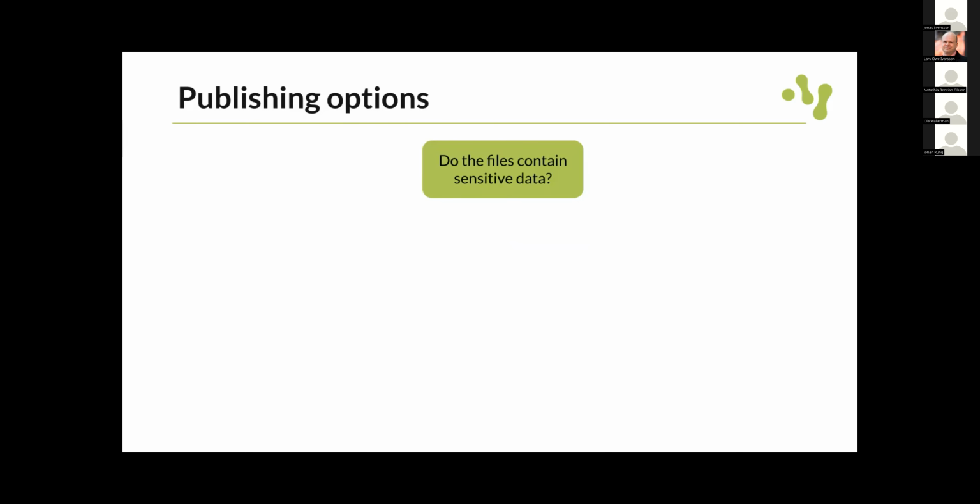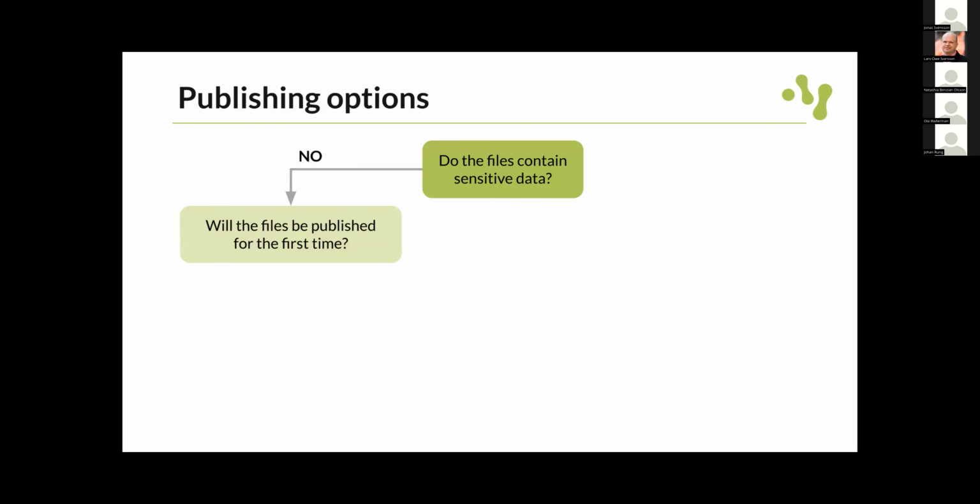We have different publishing options at the repository. As I mentioned before, the repository is not dedicated to sensitive data; however, there is a functionality for that. The first question is whether your item or data contains sensitive information.